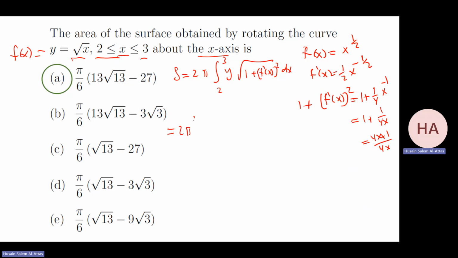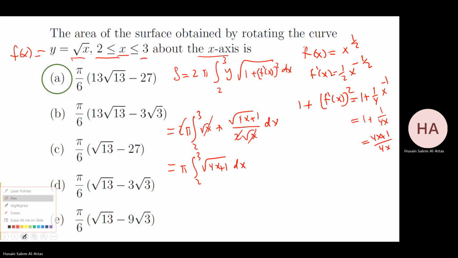That will be 2 pi from 2 to 3 y. What is y? Square root of x times the square root of this, which is square root of 4x plus 1 over 2 root x, dx. Cancel, cancel, cancel. That's pi times this.